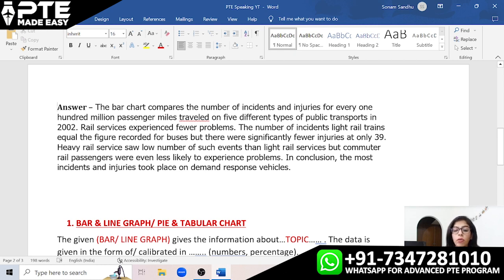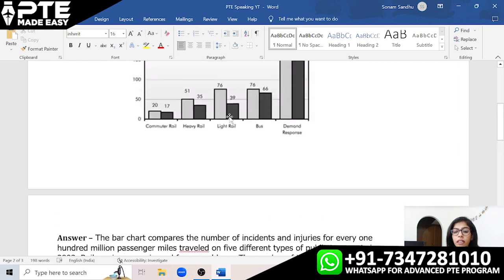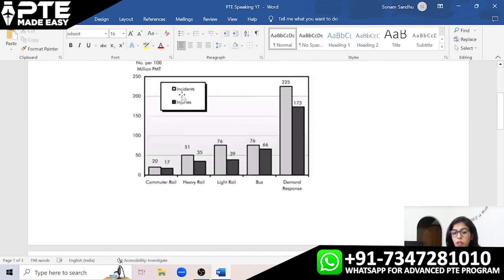So we have also gotten to know that there were significantly fewer injuries, 39. When we are talking about incidents, the number of incidents on bus and light rail was totally the same. However, the number of injuries was different. It was 39 for light rail and it was 66 for bus.